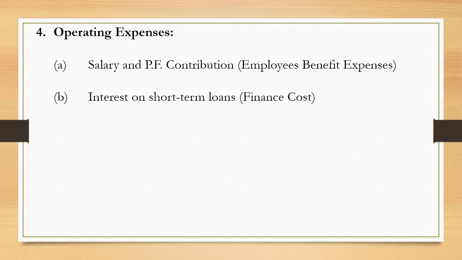Interest on short-term loans is a part of finance cost, but you have to understand that finance cost includes the interest on short-term and the long-term loans. So any interest on short-term loans will be my operating expense, and interest on long-term loans will be my non-operating expense. Depreciation and amortization is also a part of operating expenses.